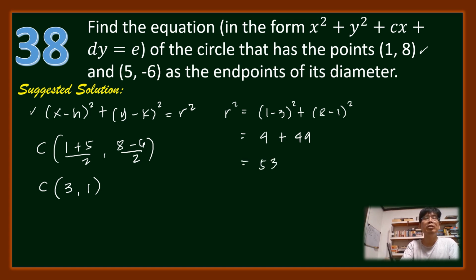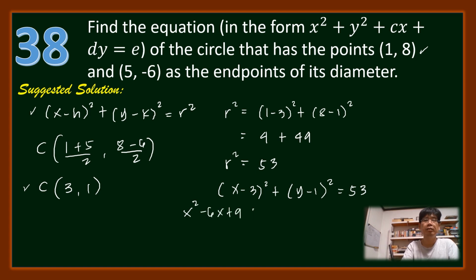So the equation of the circle in center radius form, substituting the value of r squared and the coordinates of the center, we have x minus 3 squared plus y minus 1 squared equals 53. Translating this to the required form is to expand the binomials on the left-hand side. We have x squared minus 6x plus 9. y minus 1 squared is y squared minus 2y plus 1.